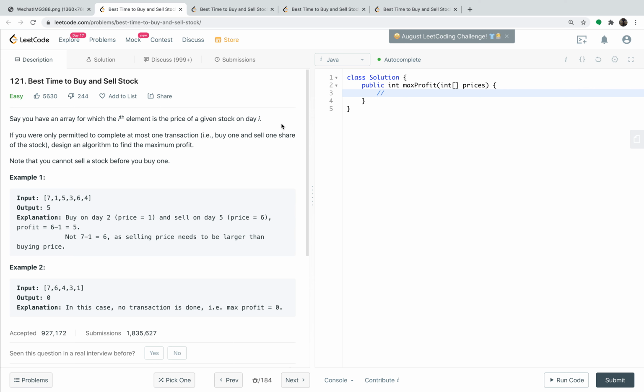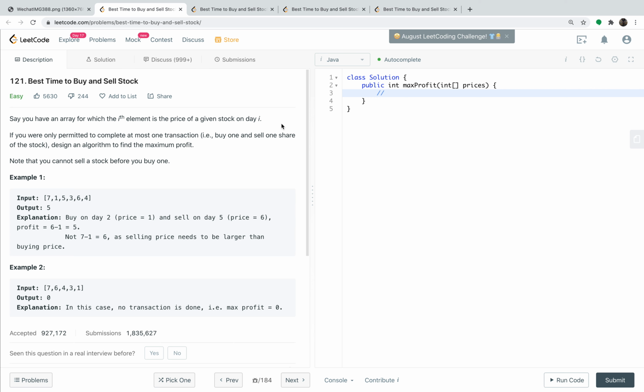This is a very easy question, so we can use the intuitive idea that comes to our mind to solve this question. So first we should determine what's the goal of this problem. The goal of this problem is to find the maximum profit.